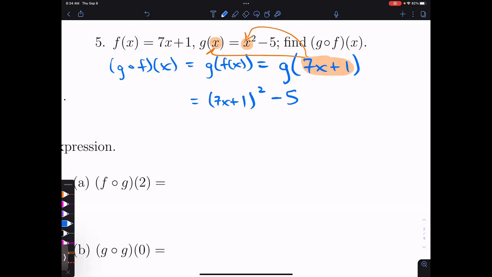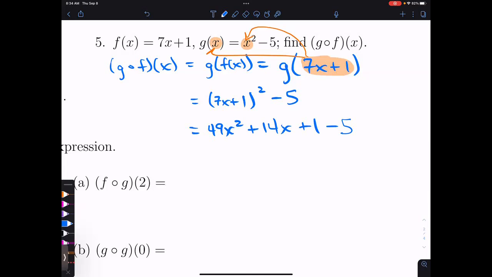Okay, what do we do to simplify that? Expand that square. 7x plus 1 times itself, which is 49x squared plus 14x plus 1 minus 5. 7x times itself gives you 49x squared. 7x times 1 twice for the outer and inner parts of the product, and then 1 times 1.